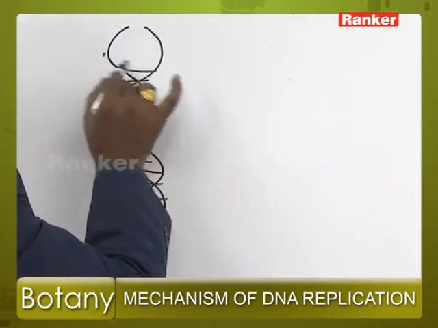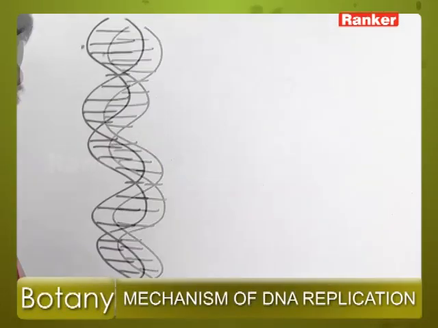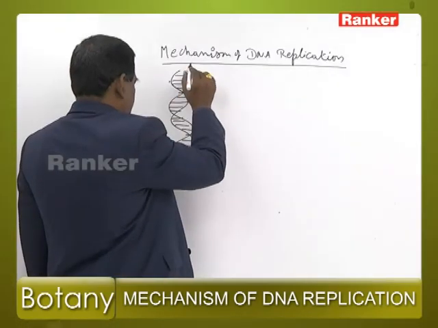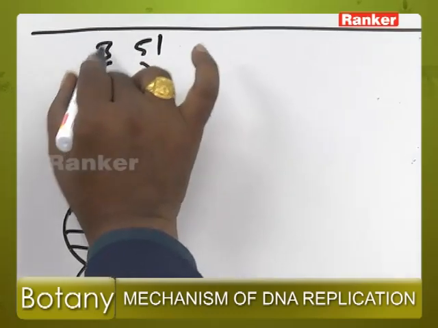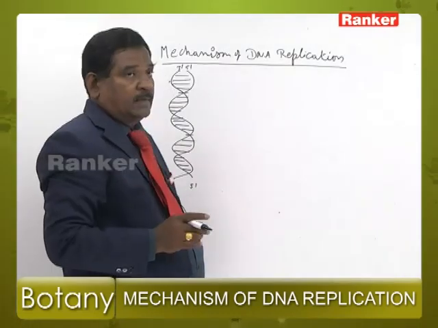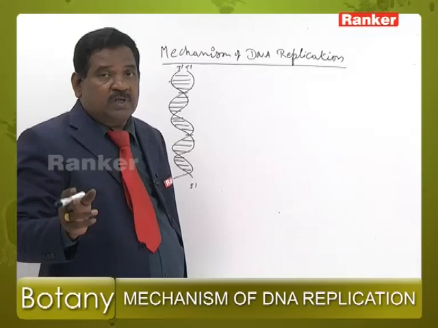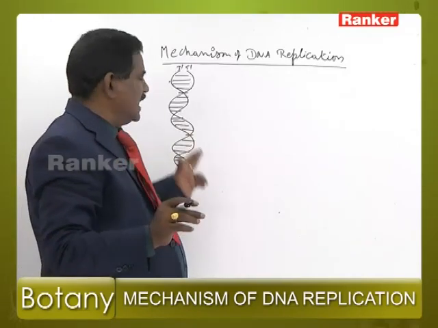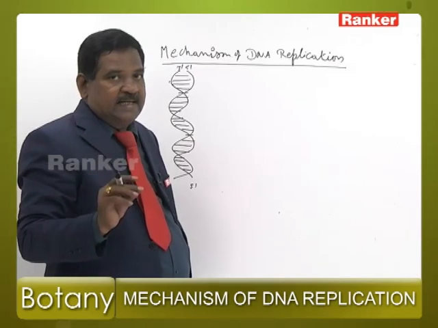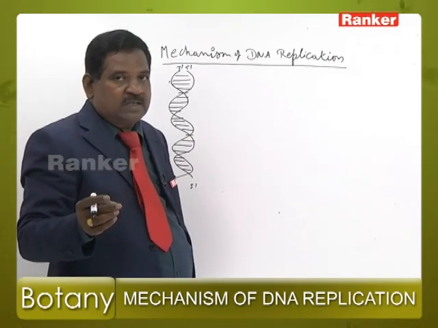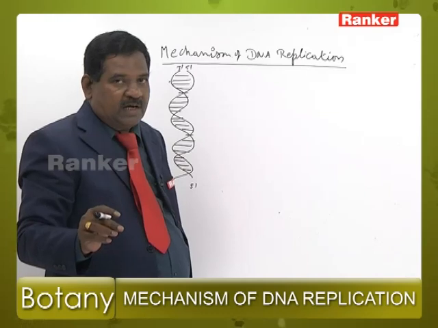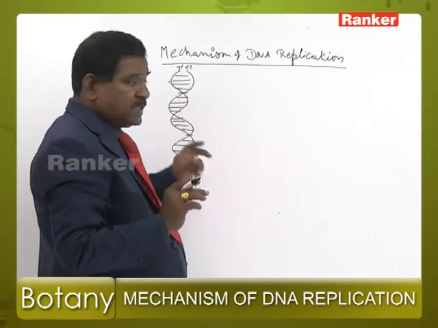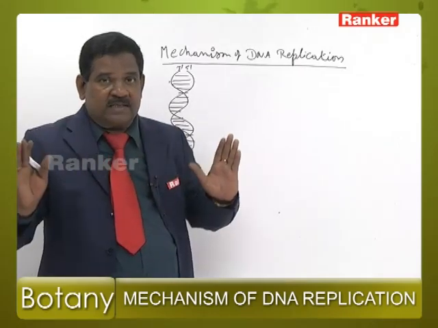DNA is a long macromolecule. During replication, both strands act as template. Both strands are involved in the formation of the new DNA molecule. These two strands do not separate at once.